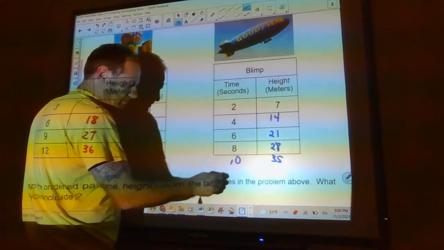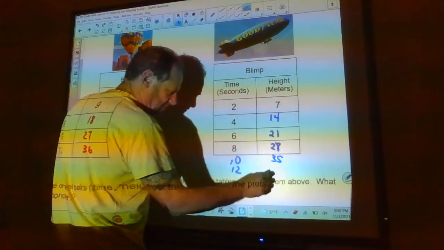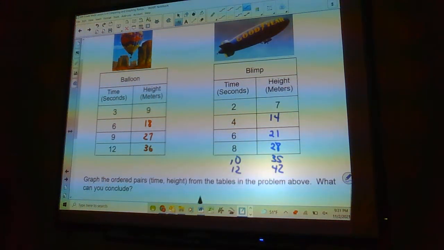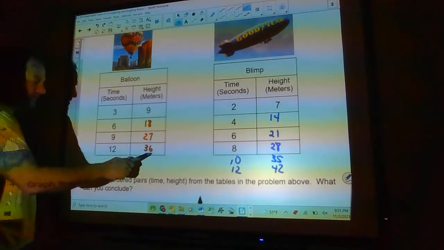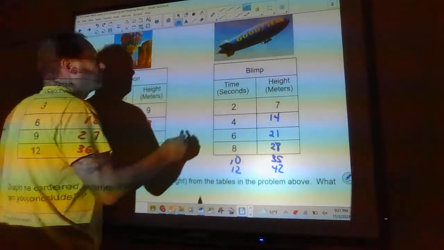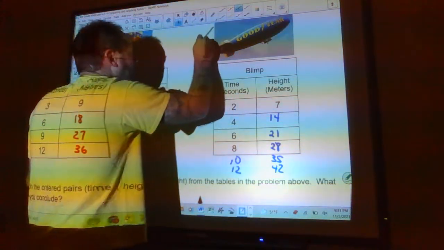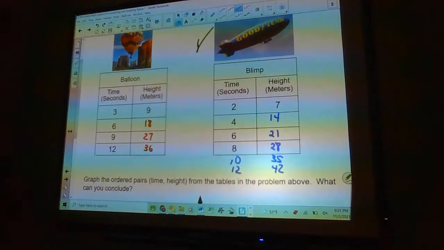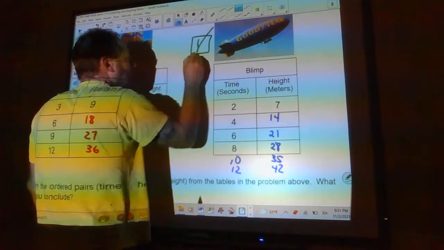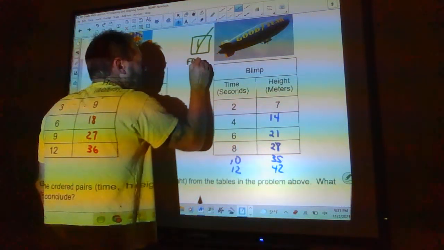And then if we went 12, that'd be 42. You can see in 12 seconds this one rose 36 meters, and this one rose 42 meters. The blimp is the faster choice. Let's put a box right here and we'll say we checked the faster box right here.